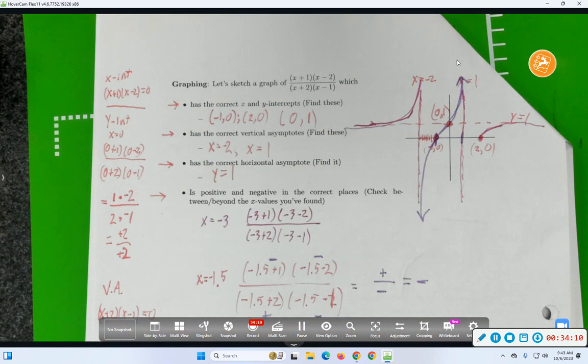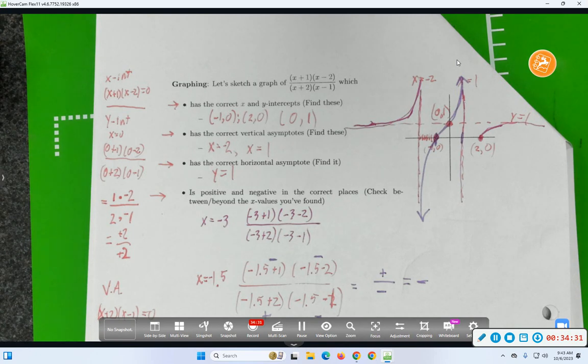And maybe we'll just see how people are recognizing a pattern now. Between 1 and 2, do you think it'll be positive or negative? I hear a negative. Should we check a sample point anyway?